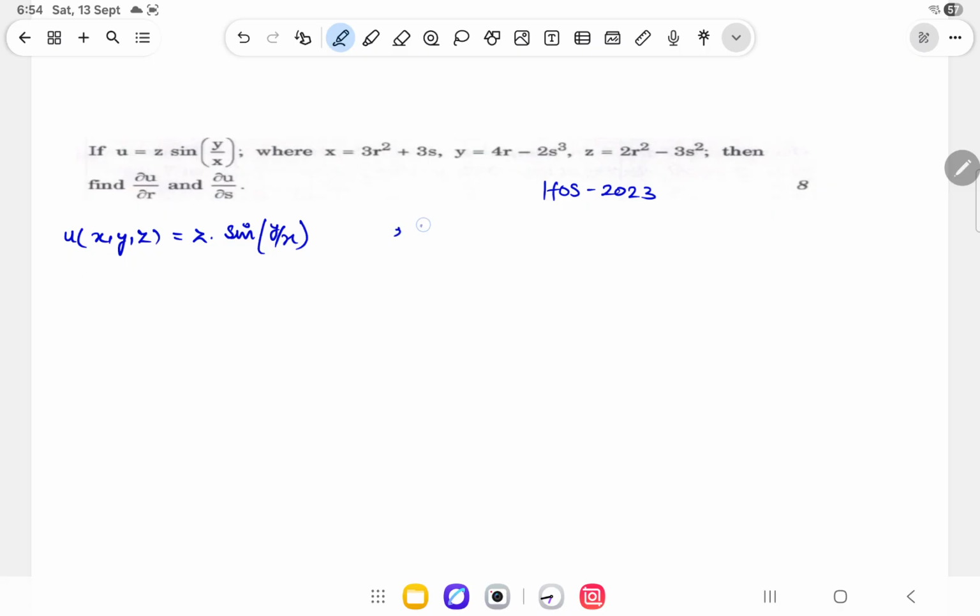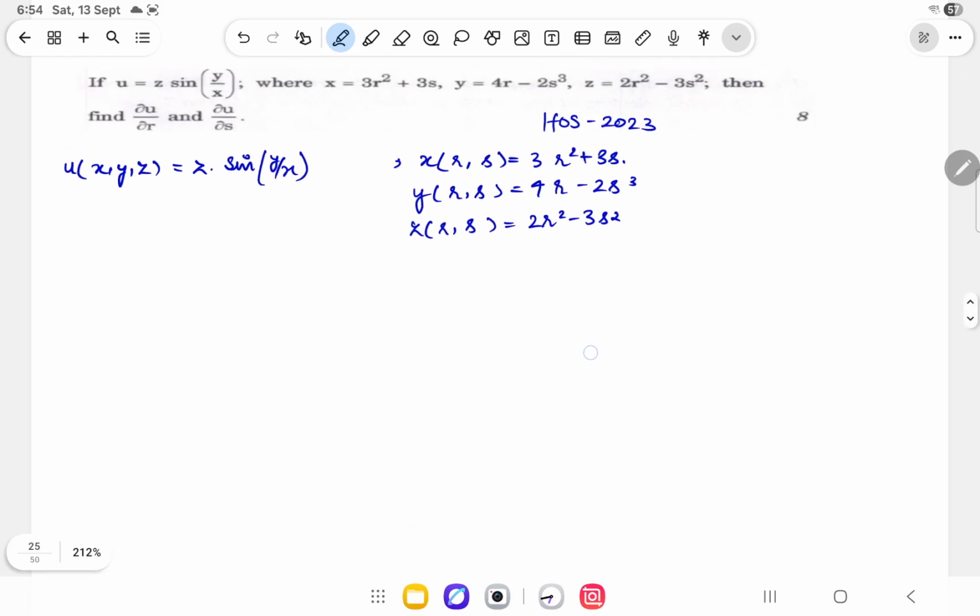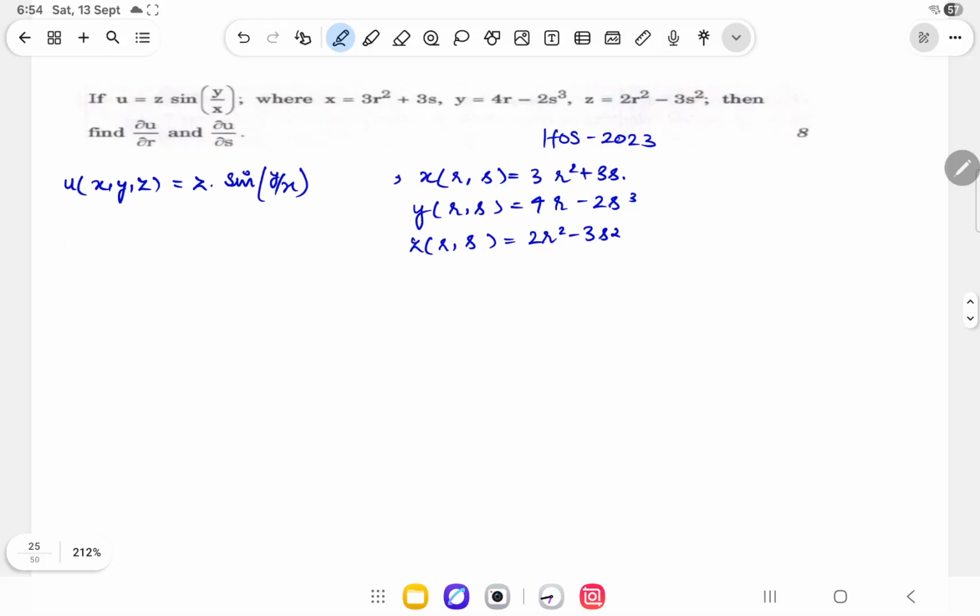They have given us x in terms of r and s as 3r square plus 3s, 4r minus 2s cube, so these are the values of my x, y and z, and we are supposed to find del u by del r and del u by del z.